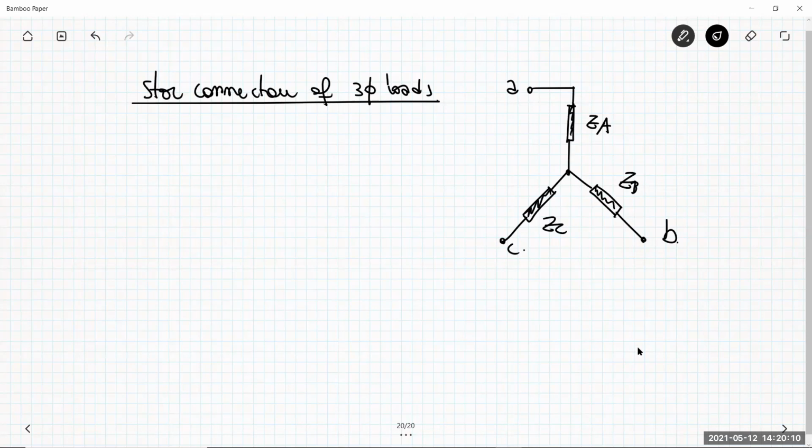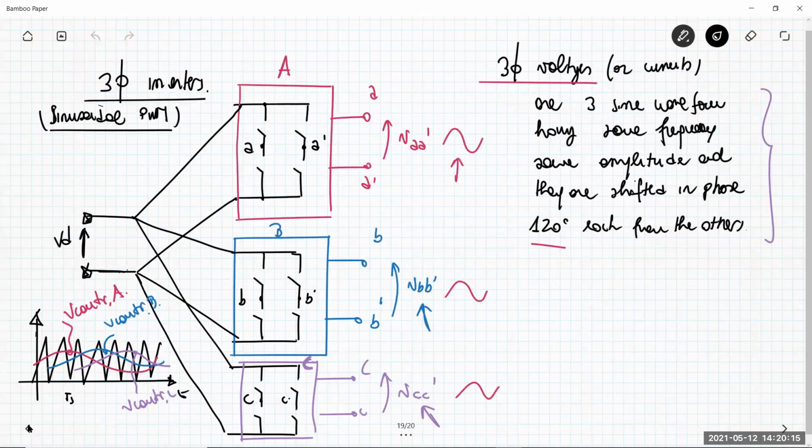So what happens here? I have three voltages here, and these outputs A prime, B prime, C prime should be connected to this load. So one possibility is to have, for example, Z_A connected to the node A prime, Z_B connected to the node B prime, and Z_C connected to the node C prime.